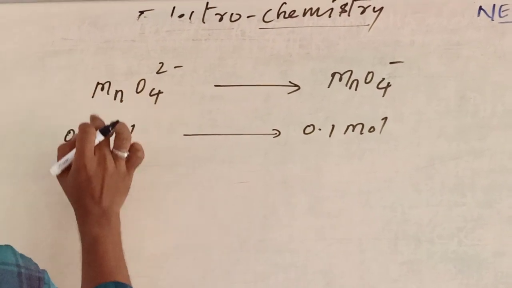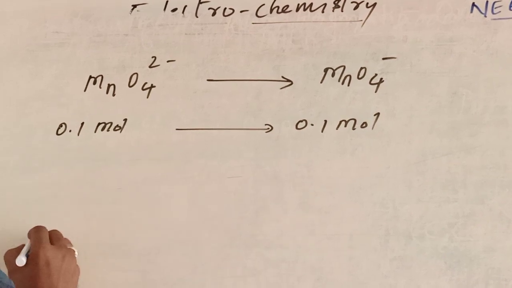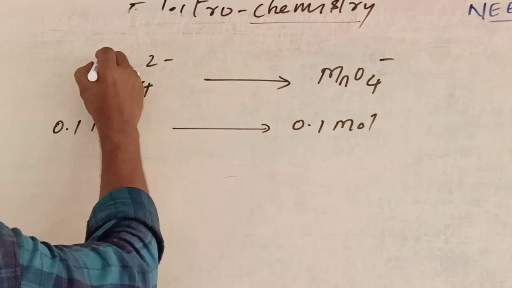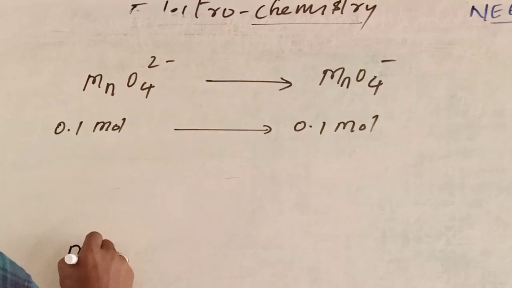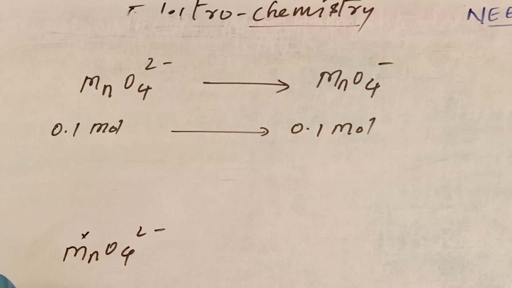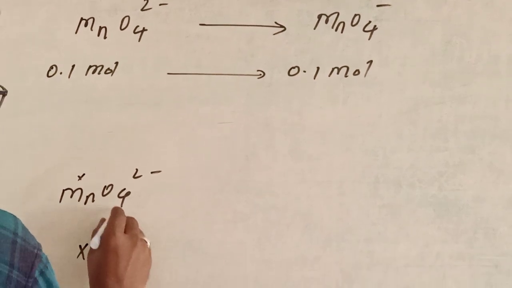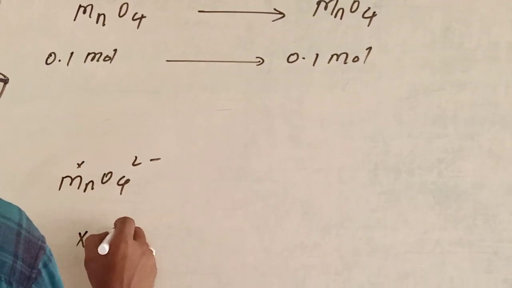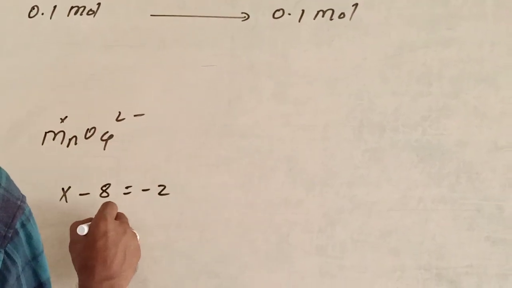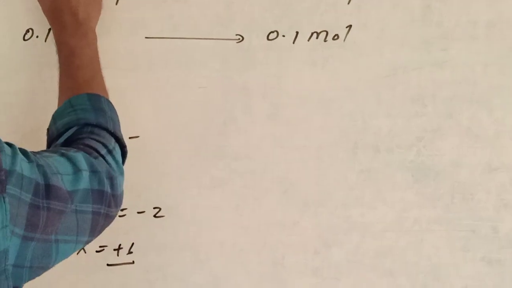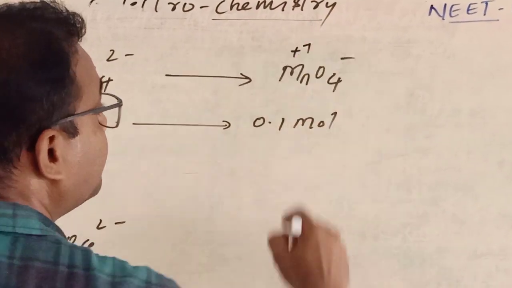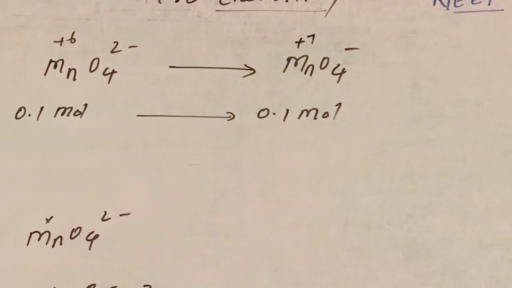Here the oxidation state is X. For MnO4 2 minus, X minus 8 is equal to the apparent charge minus 2, so X is equal to plus 6. In the other, it comes to plus 7.